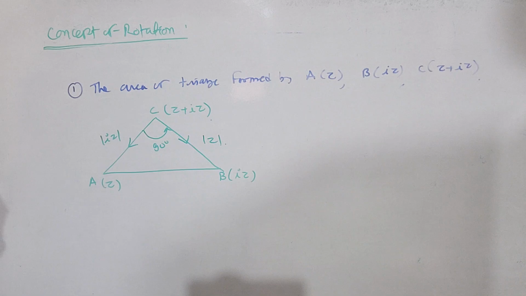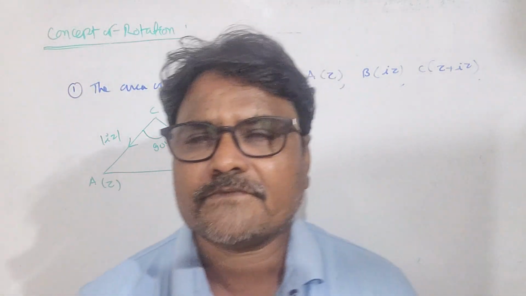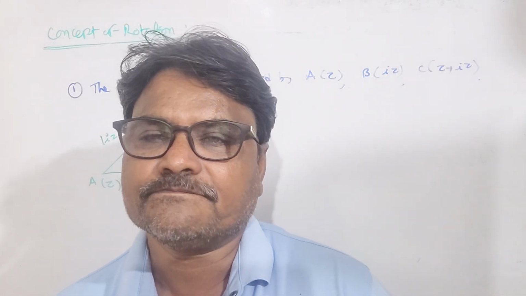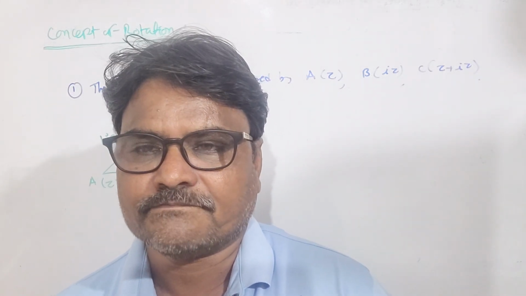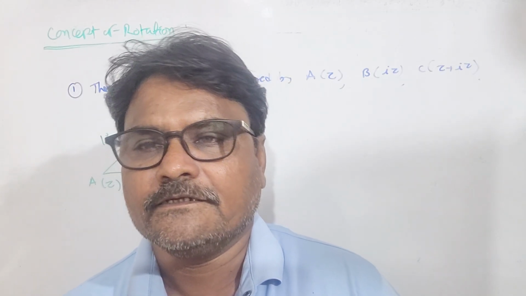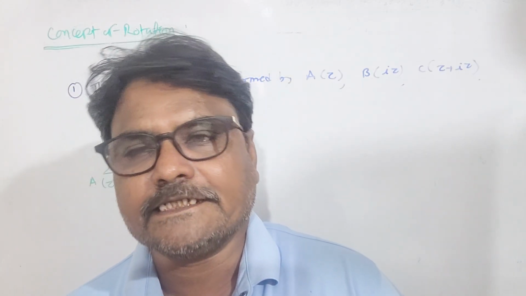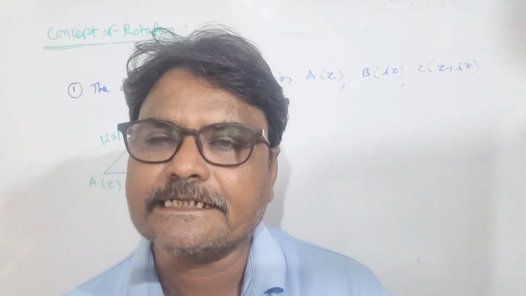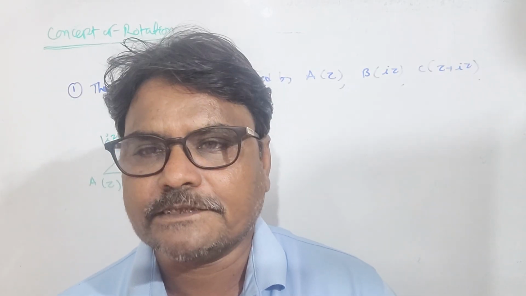Now in the triangle, direction is not important. When z is rotated 90 degree anti-clockwise, we get iota z. Or if z is rotated 90 degree clockwise, then we get minus iota z, whatever way it is. But the angle between z and iota z, or z and minus iota z, is 90 degree.